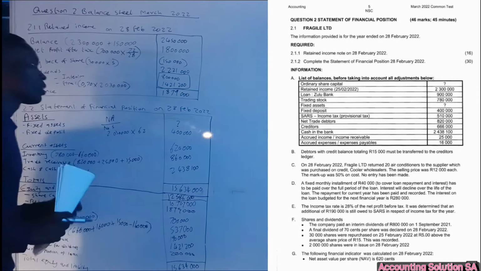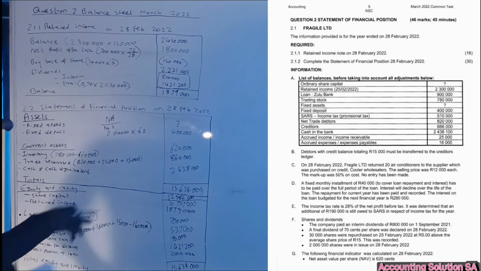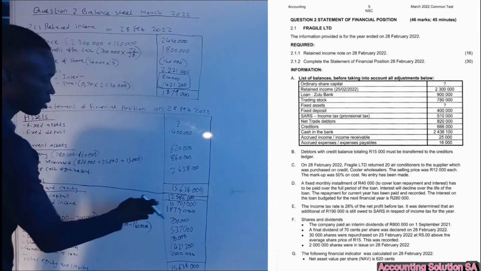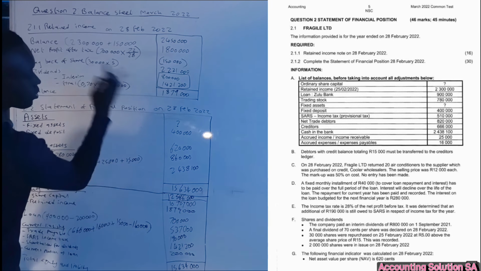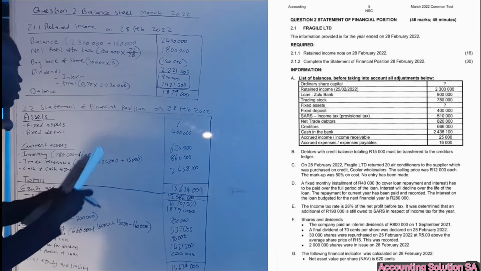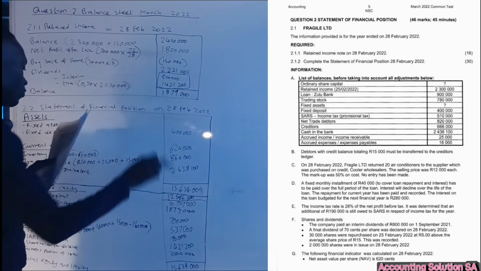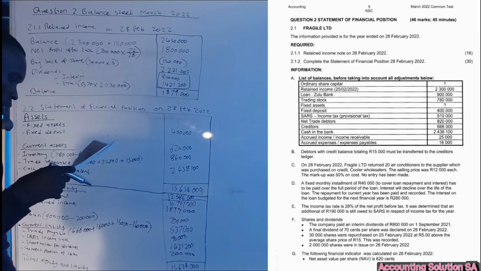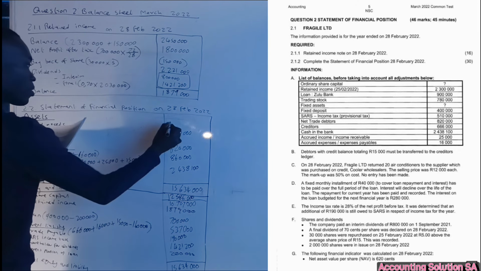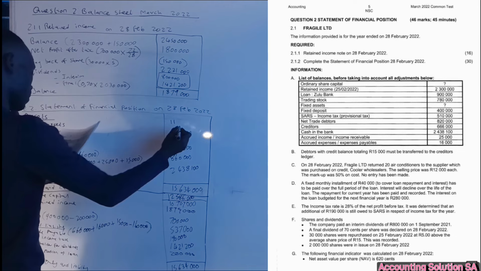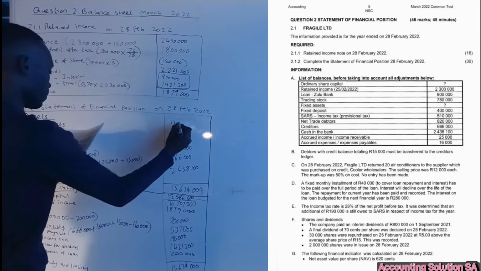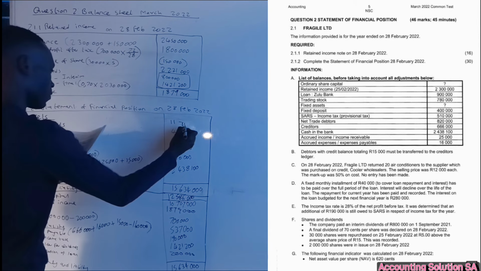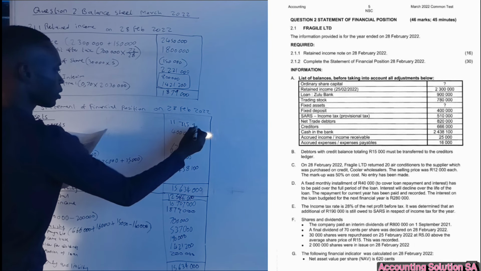Okay, now because we have the total here, simply means that, guys, in order for us to get this amount, we must take this total and subtract everything. Then it's going to give us an amount of 11,315,900.